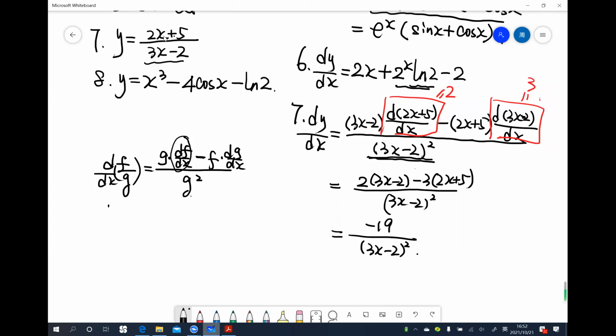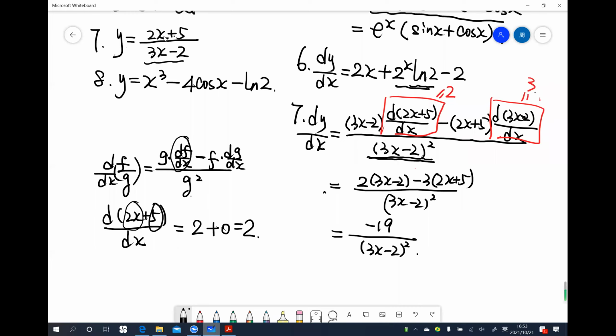And here, d(2x plus 5) by dx, we have to calculate part by part, right? First part, 2x. Second part, 5, right? And 2x, we know that equals to 2. And 5 is a constant, so plus 0. So here we get 2. Okay, and similarly, we have d(3x minus 2) by dx equals to 3.